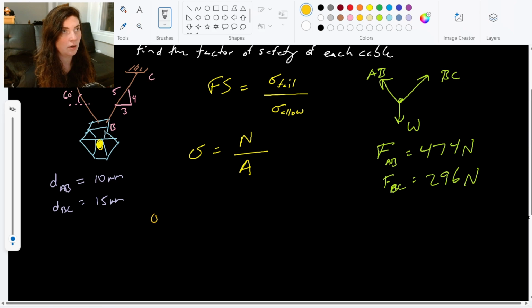So now I can use those results to calculate my normal stress for each of these. So for my normal stress in AB, it's going to be that 474 over the area, which is pi over 4 d squared. D is 10 millimeters for AB. That's 0.1 squared, just to get my units in newtons, and then this is unit in meters instead of millimeters.